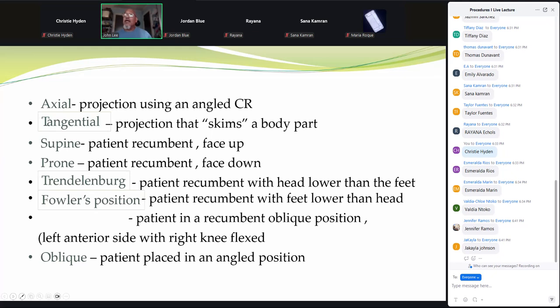The position we utilize for most barium enema tip insertion, where the patient is in a recumbent oblique position on their left side with the right knee flexed, is known as the Sims position. The oblique is when we place the patient in an angled position.